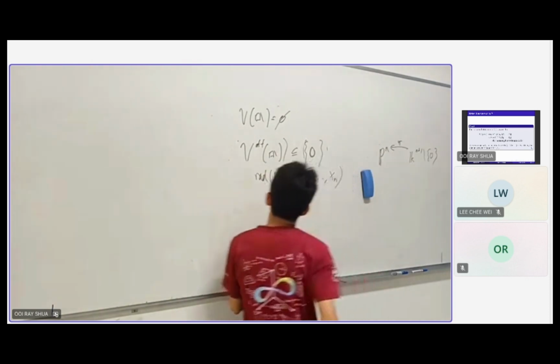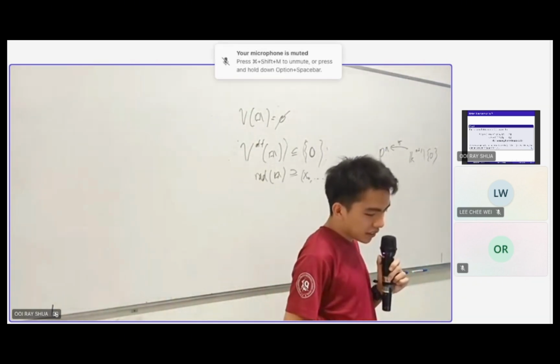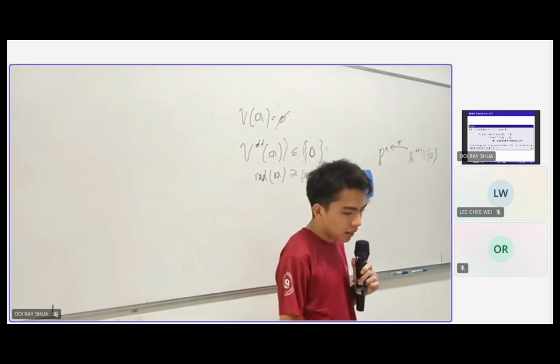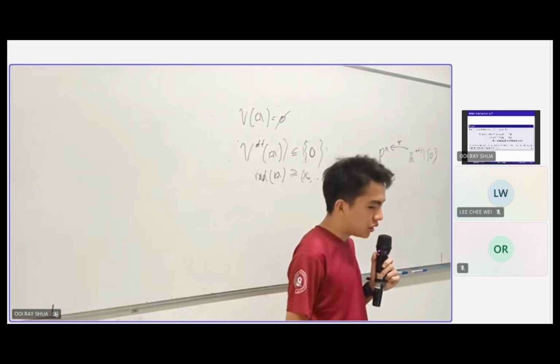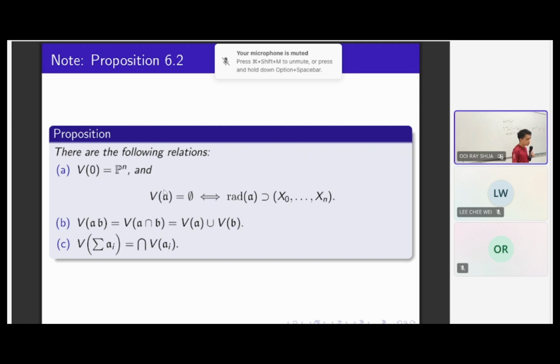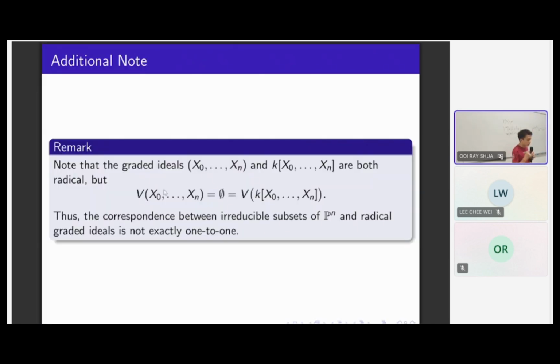So it's interesting because it's not the whole polynomial ring. In the past, this would correspond to k[A] just being equal to the whole polynomial ring, but it's not the case here because of the homogeneous polynomials.